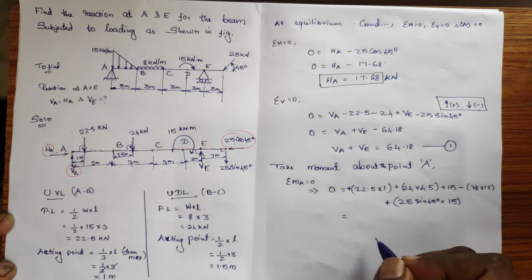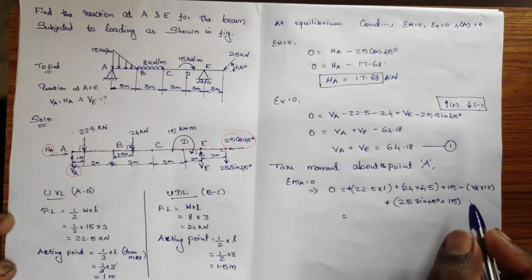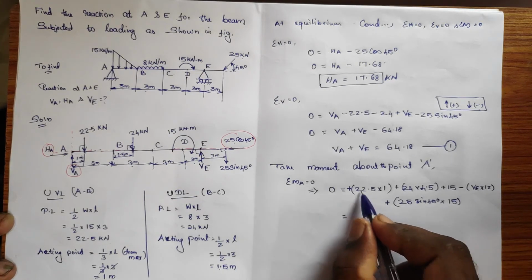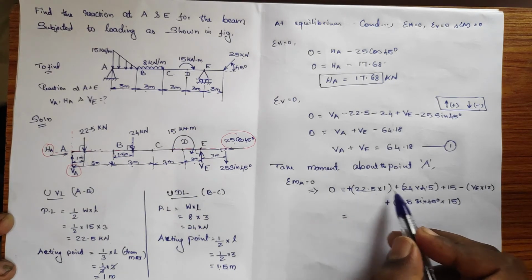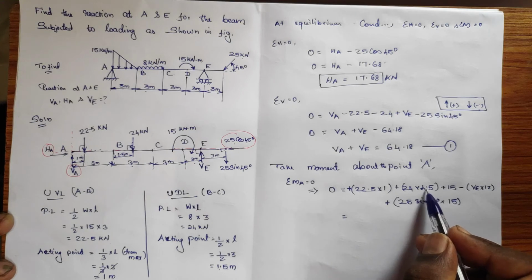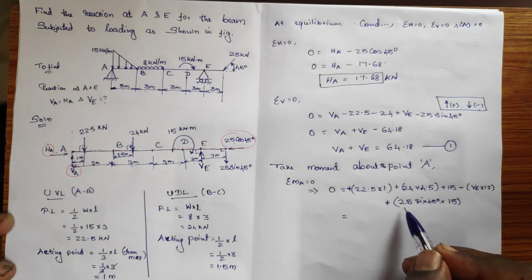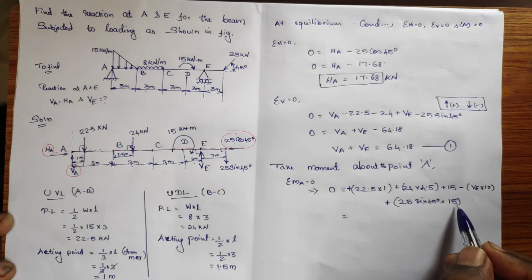So now just simplify it. When you are simplifying it, just put it in your calculator: 22.5 into 1 plus 24 into 4.5 plus 15 plus 25 sine 45 degree into 15.